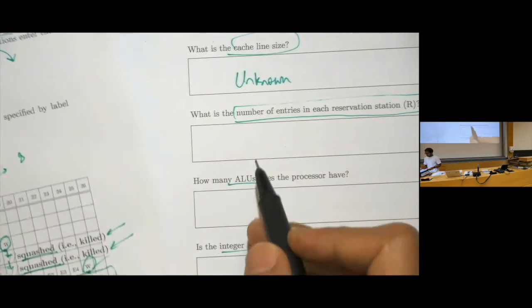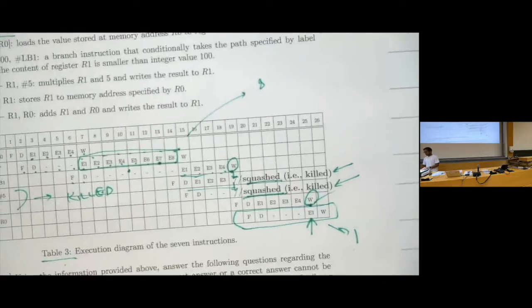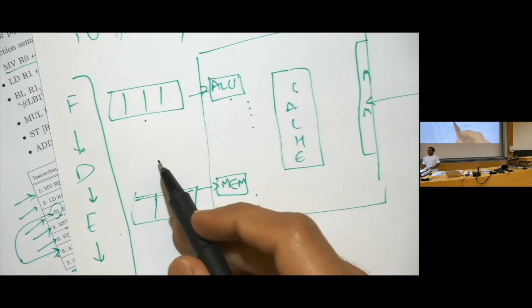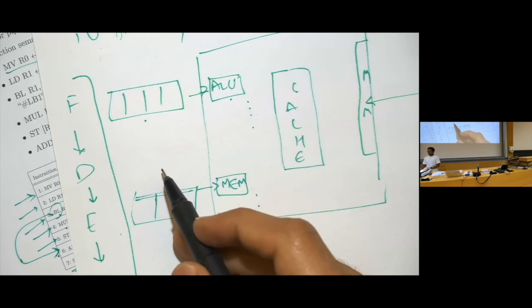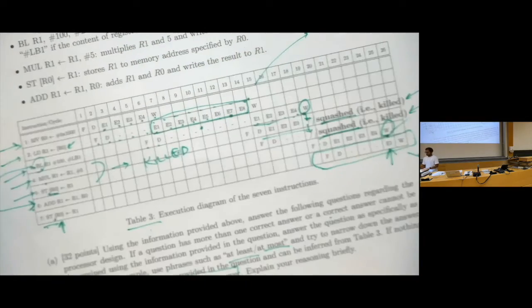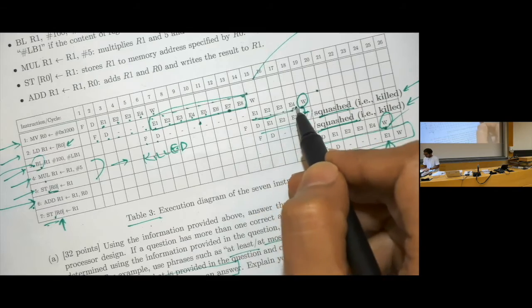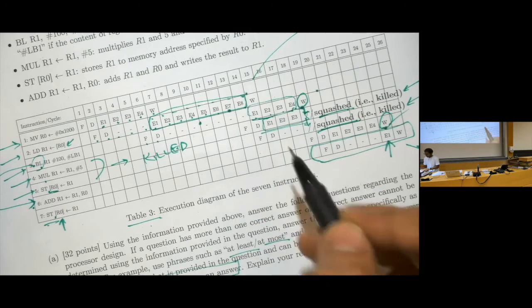Coming back to the question, what is the number of entries in each reservation station? In our mental image, the number of entries in the reservation station can be inferred by the number of instructions that are in the execution stage simultaneously. In our execution diagram, we see these two instructions have their execution stages overlapping to some extent.